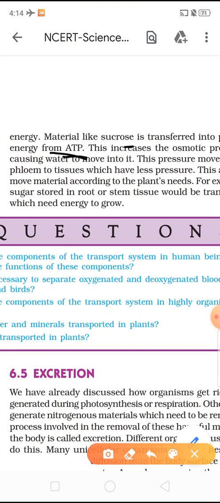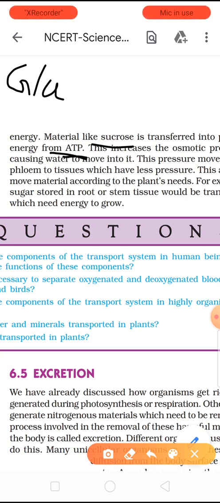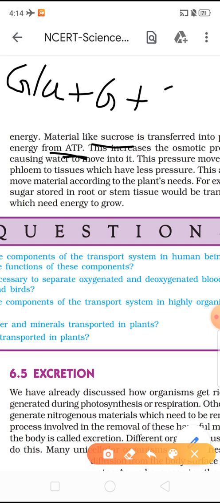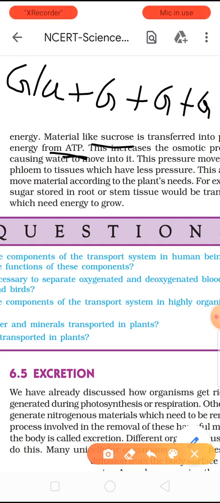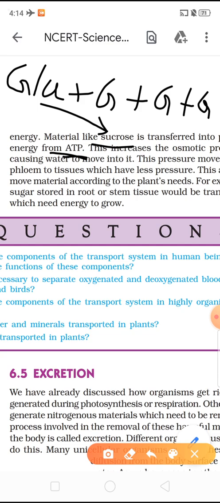Now see, what is sucrose? It is a complex molecule. After photosynthesis, this I have explained to you, I'll just recall it quickly, you will get glucose. A long chain of glucose molecules will come together and give rise to a molecule called sucrose.